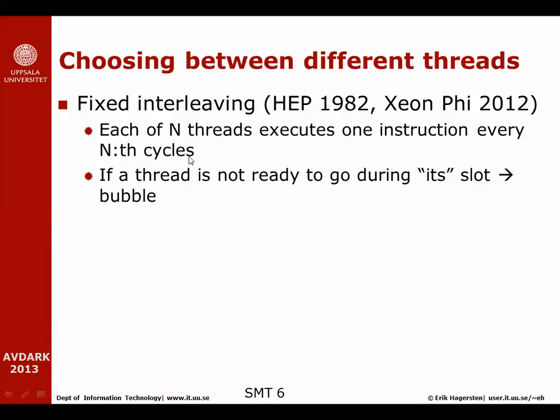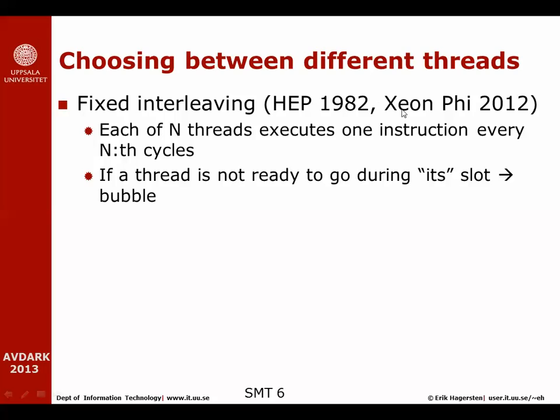So you have statically divided the execution slots between these threads. And the reason I'm using capital N here is because, for example, the HEP architecture, I think, could schedule up to 128 simultaneous threads in its implementation. So N could certainly be much larger than the yellow and red we had in our simple example.